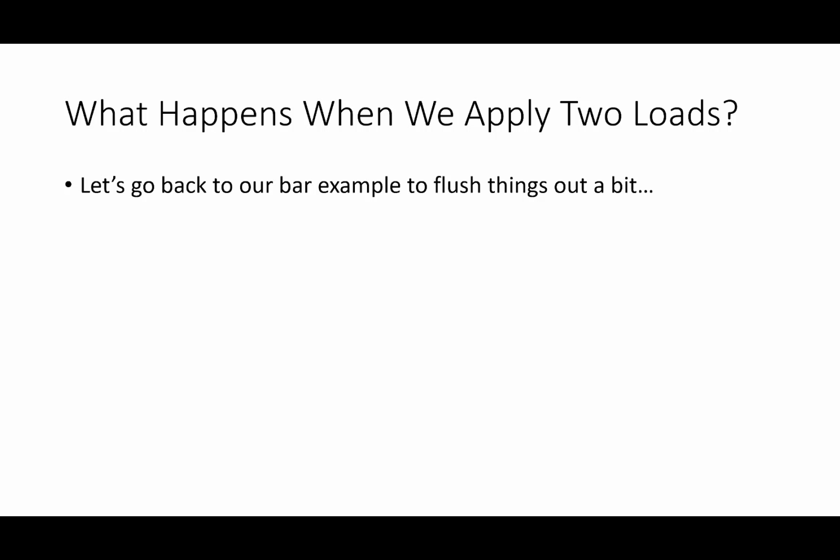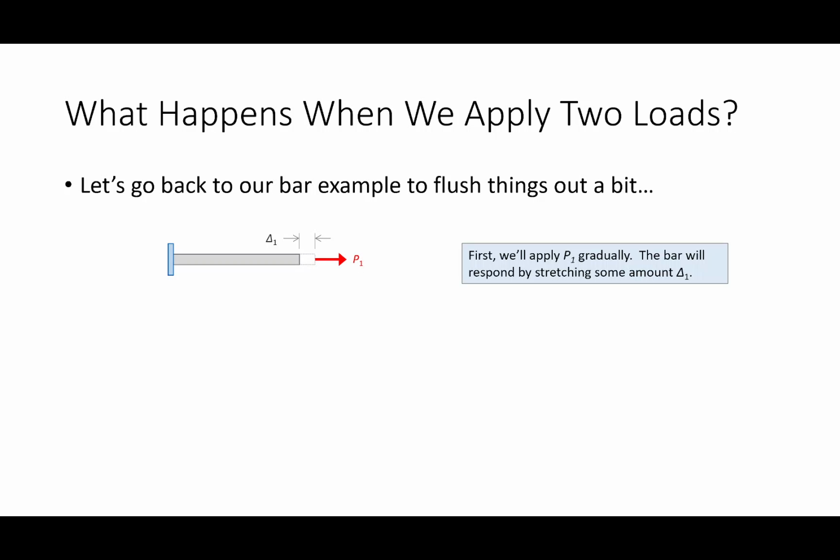So let's go back to our bar example. What happens if we put 2 loads on the bar? Okay? So here's my bar. I'm going to put 2 loads on the bar. The first load is going to be P1. I propose that if you put P1 on the bar, it's going to respond by stretching some amount delta 1.